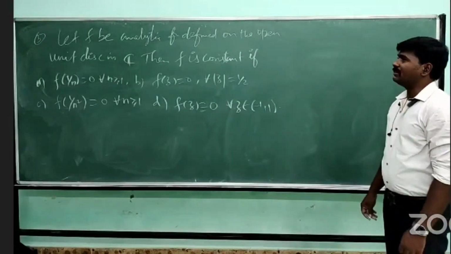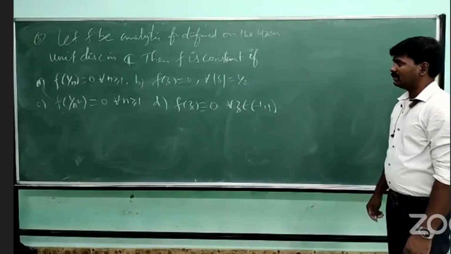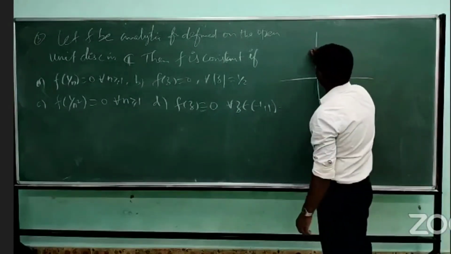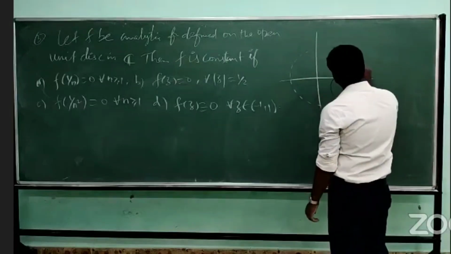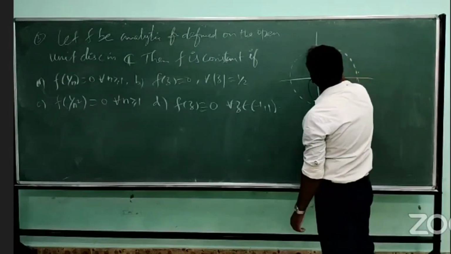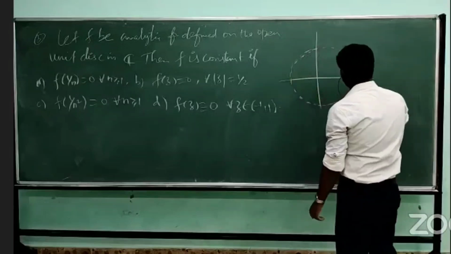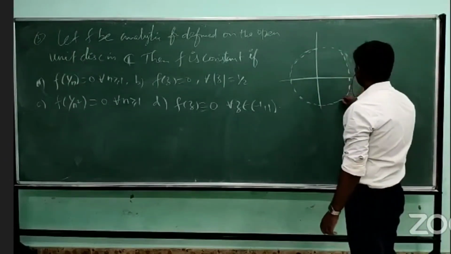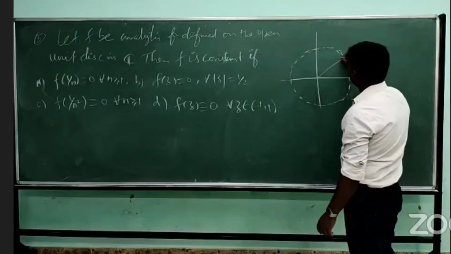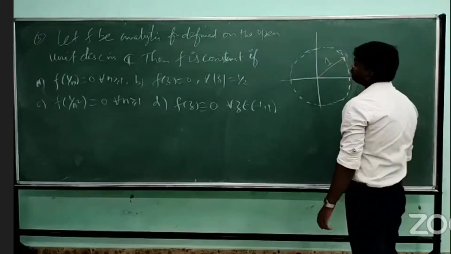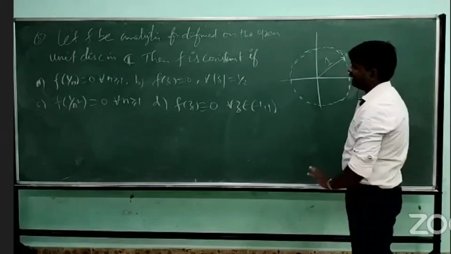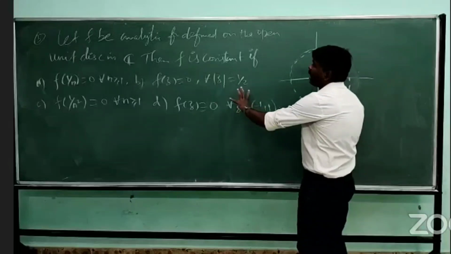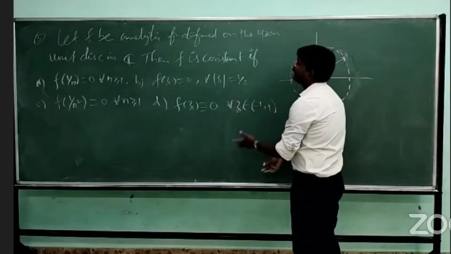So what is given? F is an analytic function defined on the open unit disk. Just assume this is an open unit disk, with unit radius. Which of the following options imply that f is constant?